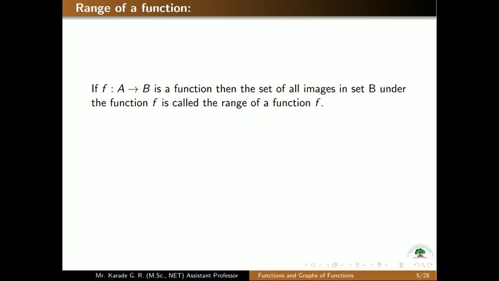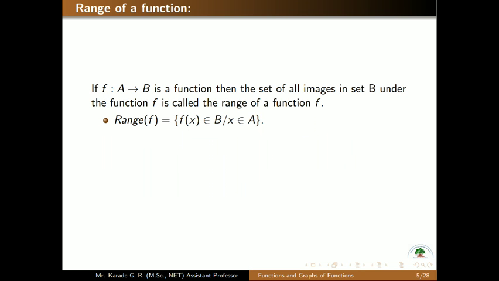Range of a function. If f from A to B is a function, then the set of all images in set B under the function f is called the range of function f.